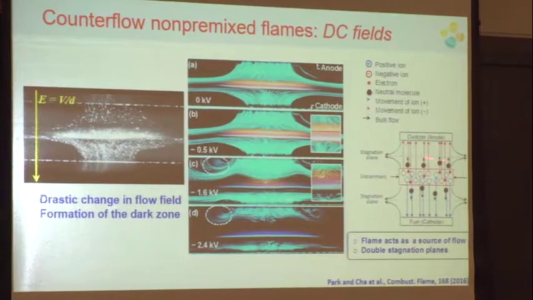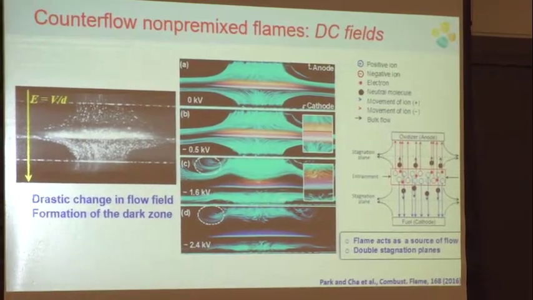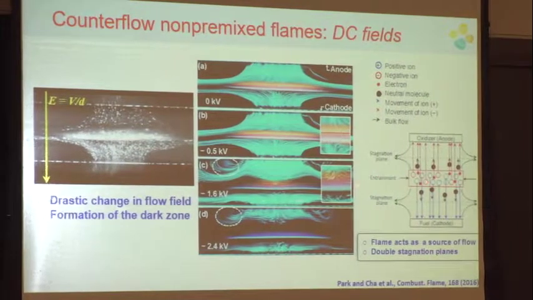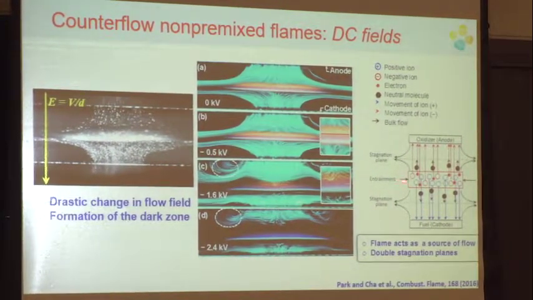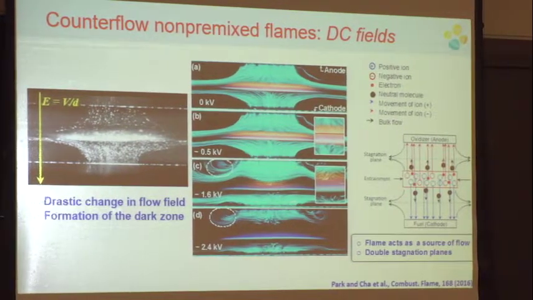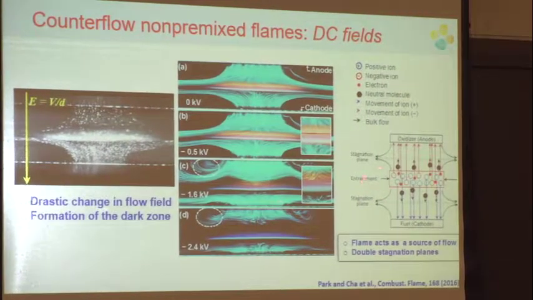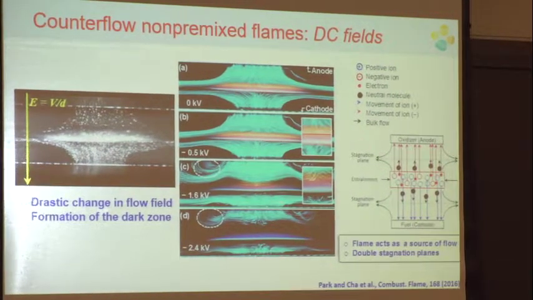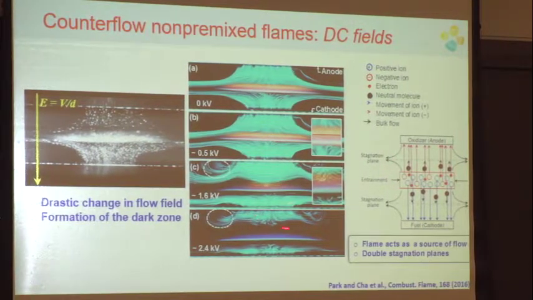One is on the oxidizer side, the other one is on the fuel side, and in the middle you generate this suction, because most of the ions move away, and then you have some fresh air to substitute this motion of the neutral molecules and ions. Therefore, you're causing this kind of recirculation, and form two stagnation planes, one here, the other here, and then the flame is sitting between.